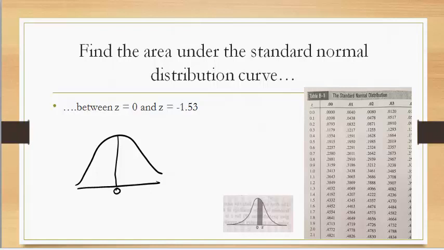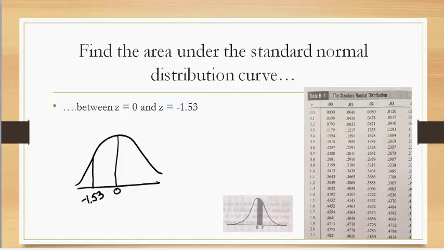Now I also need to mark off negative 1.53. So remember that your negative numbers are on the left. We don't exactly know where on the left, but it doesn't really matter. So pick a place on the left-hand side of the curve, draw a line, and we're going to mark that in as negative 1.53.